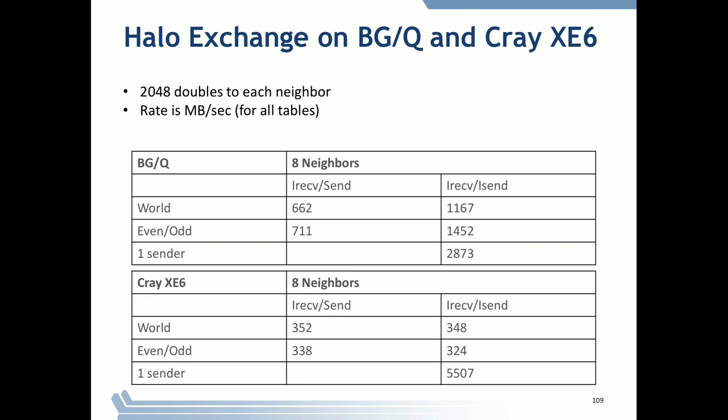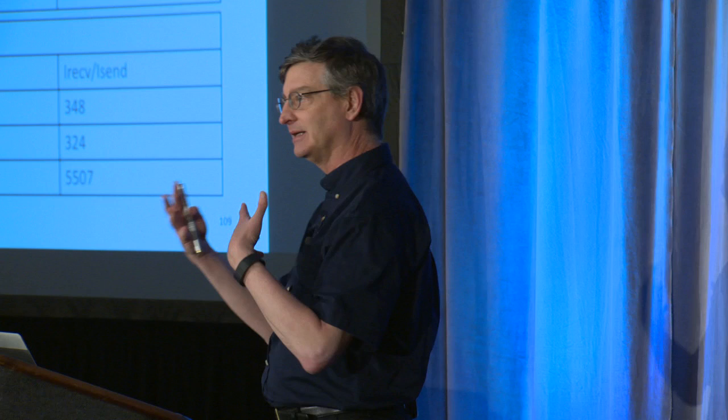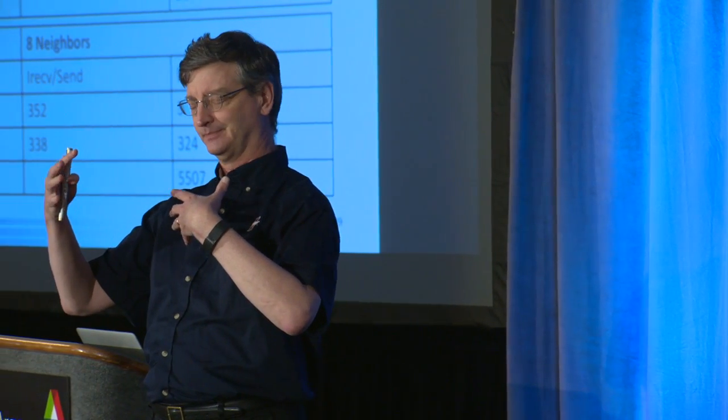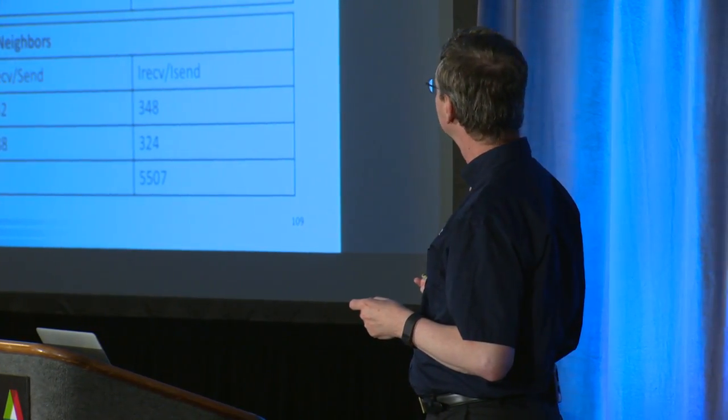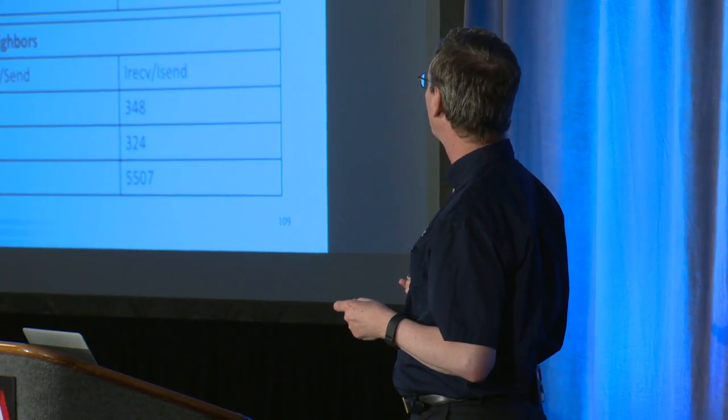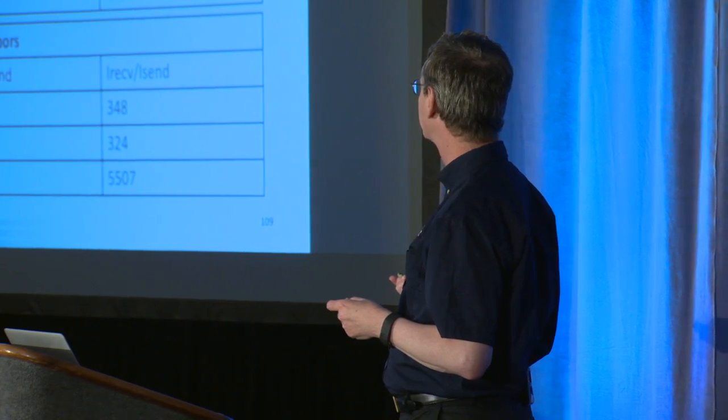If I did just Irecvs and Isends, so what I suggested you should do at the end of that discussion, the rate went up, for MPI_COMM_WORLD, to about 1.2 gigabytes per second. And if I picked a different topology, I got about 1.4 gigabytes per second.